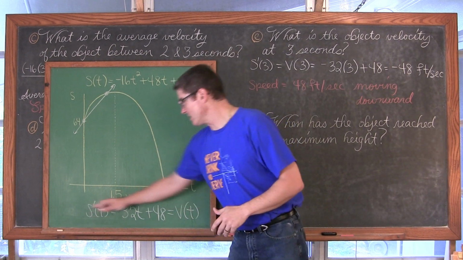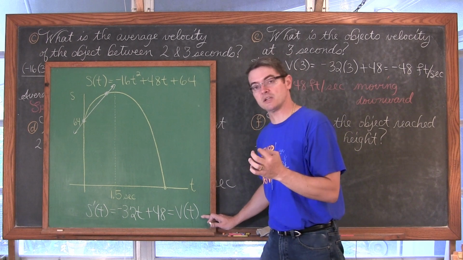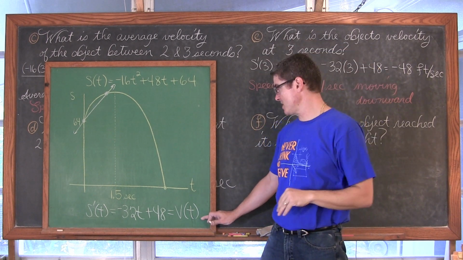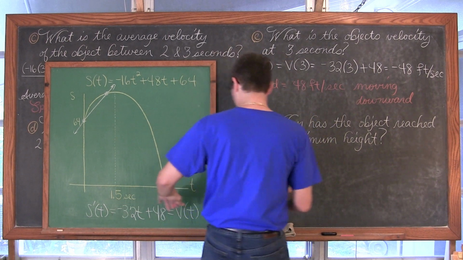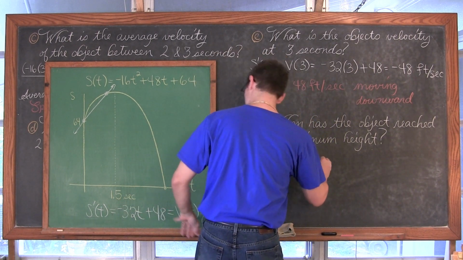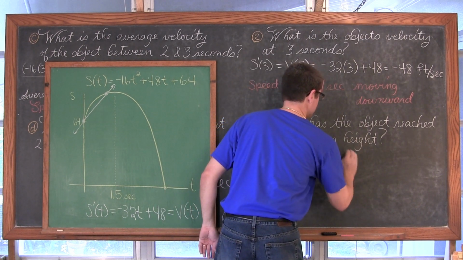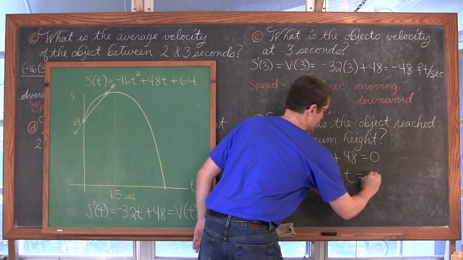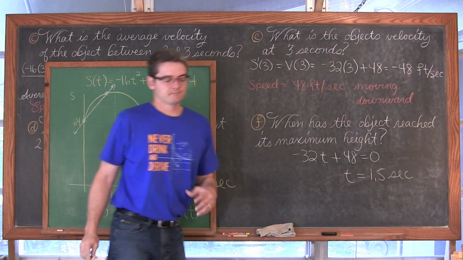Because we're talking about a position function, now we're talking about velocity. So it's going to reach its maximum height when the velocity becomes equal to 0. So I can set this first derivative equal to 0 and get negative 32t plus 48 equals 0, and again that comes out to be t equals 1.5 seconds.